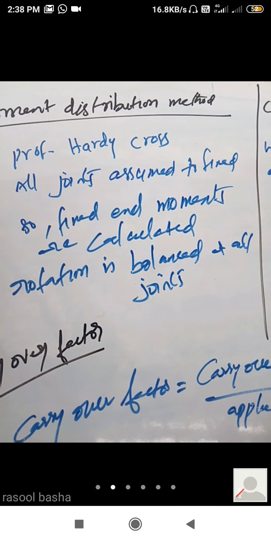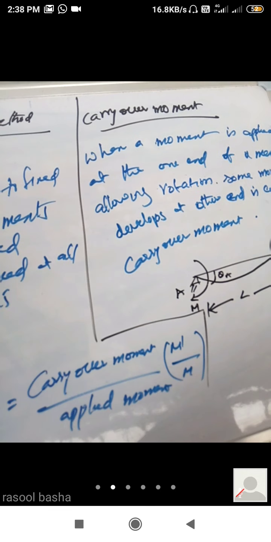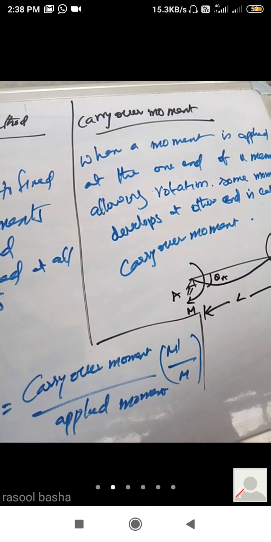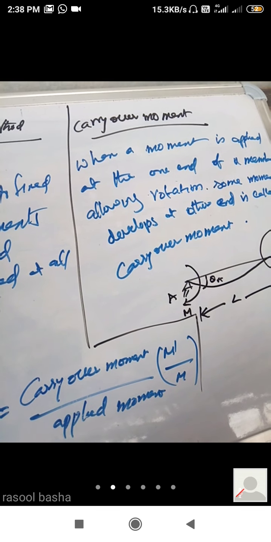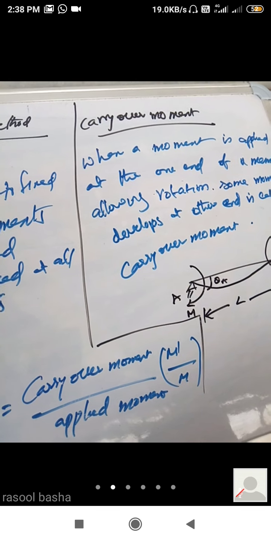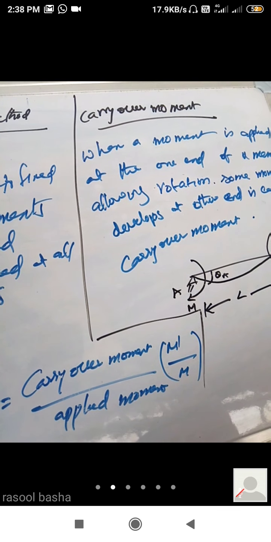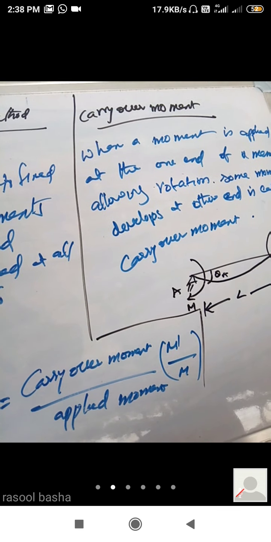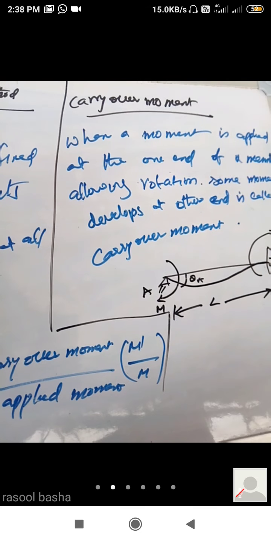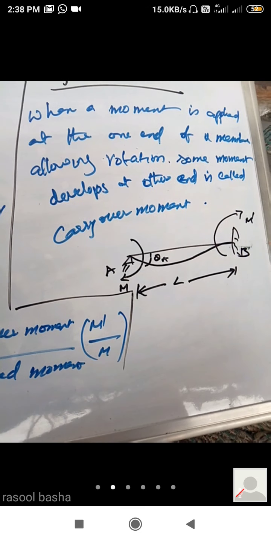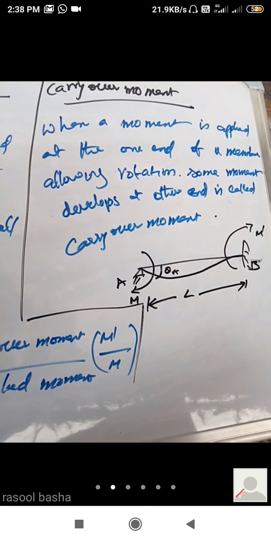Same as the carryover moment: when a moment is applied at one end, a small moment is developed at the opposite side also. The best example is Newton's formula. You can see the figure and understand how it is performing.